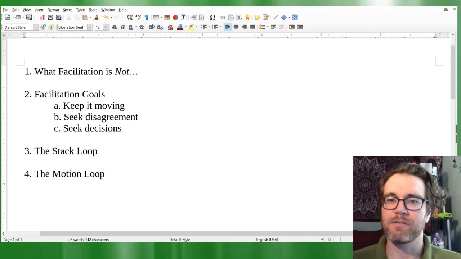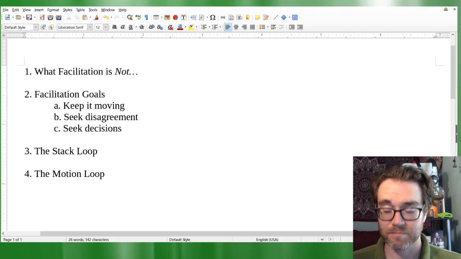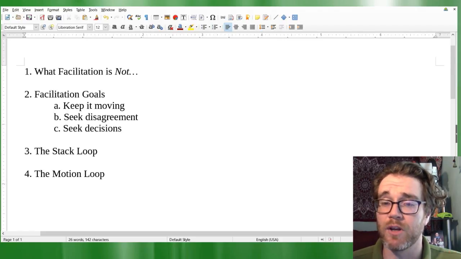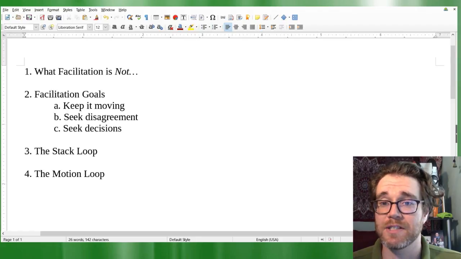Or especially if you hear different people articulating the same desire for a decision on something, you can just say, it sounds like this is something that people want to do. Is there anyone who's willing or ready to put forward a motion on that decision?